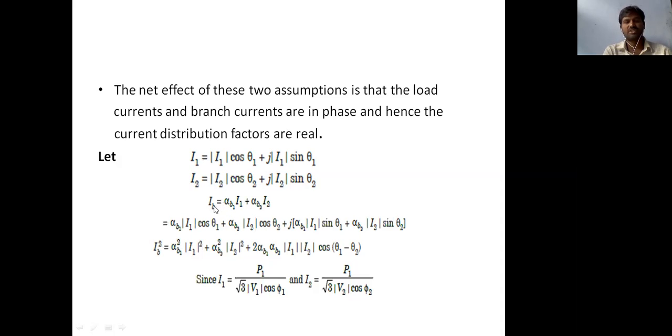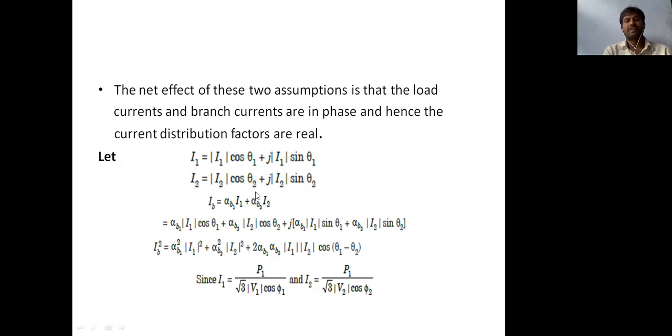What is the above equation? The total branch current IB equals alpha B1 into I1 plus alpha B2 into I2. Substituting the I1 and I2 values, IB equals alpha B1 into (I1 cos theta 1 plus j I1 sin theta 1) plus alpha B2 into (I2 cos theta 2 plus j I2 sin theta 2).